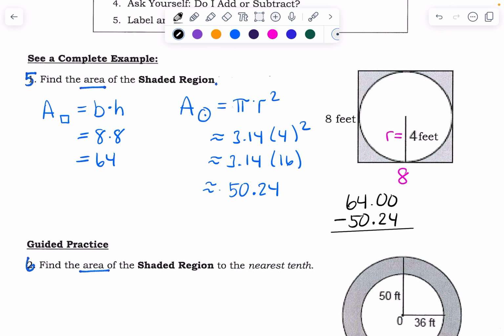I am subtracting because this part is shaded, ladies and gentlemen. These problems are shaded, so we need to find only the purple shaded region here. Okay, so when you subtract, you should get 13.76 feet squared, and that would be the area.